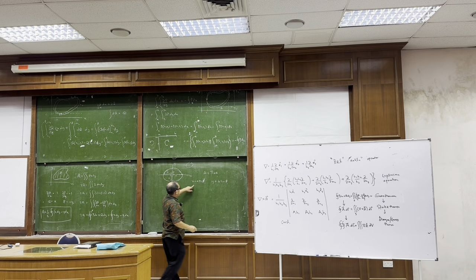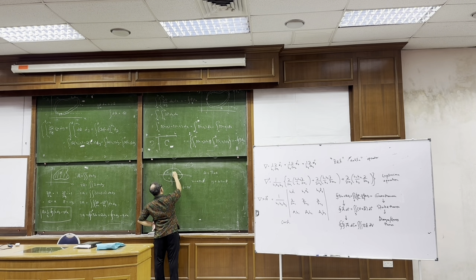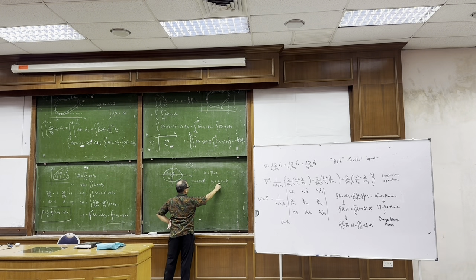If phi is 90 degrees, sine is 1, so y is equal to b.